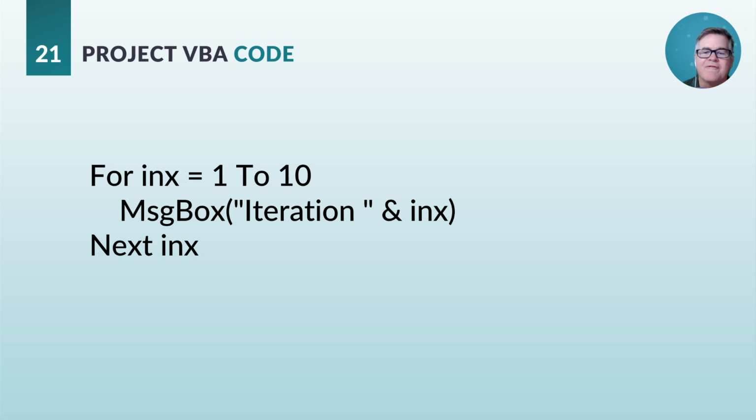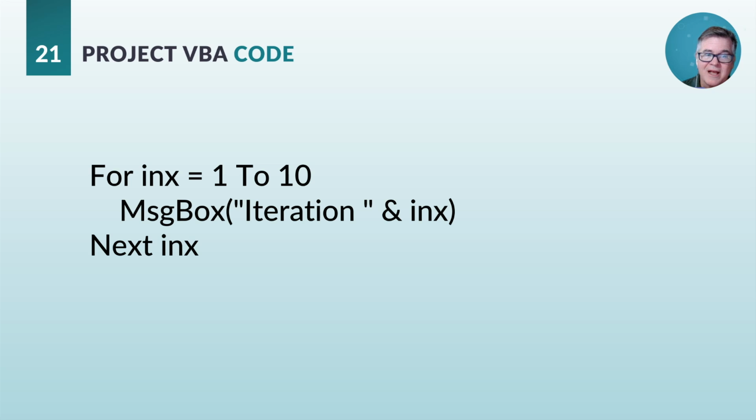All right, let's look at a for next statement. This is also another programming technique, and this is what lets us iterate over things. So in this case, this says for inks equals 1 to 10. And then it says message box iteration ampersand inks. And the following line says next inks.